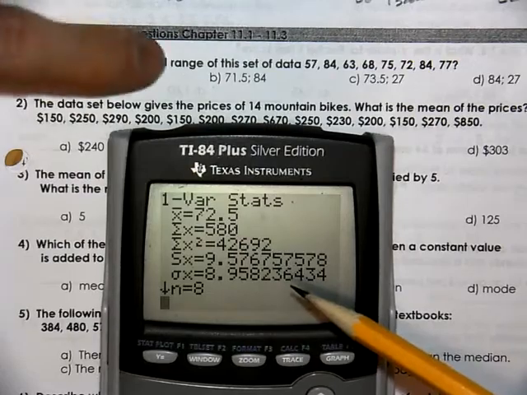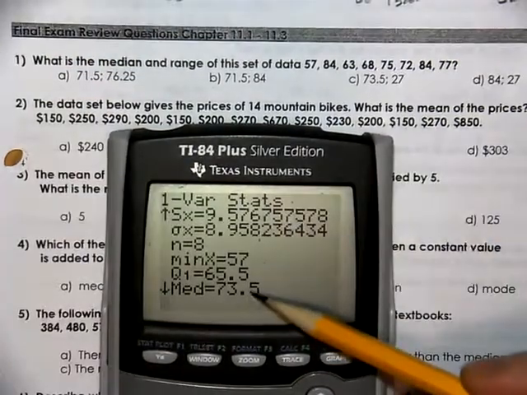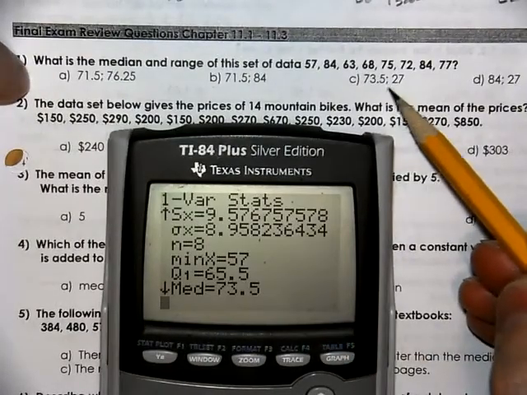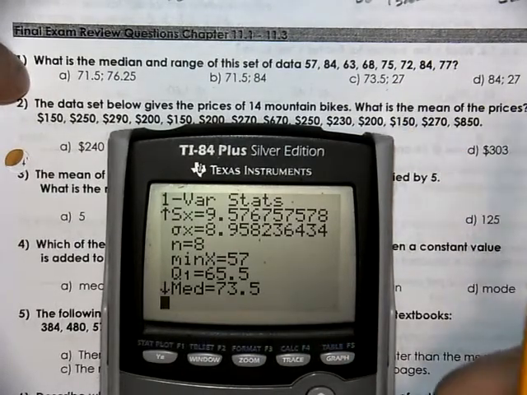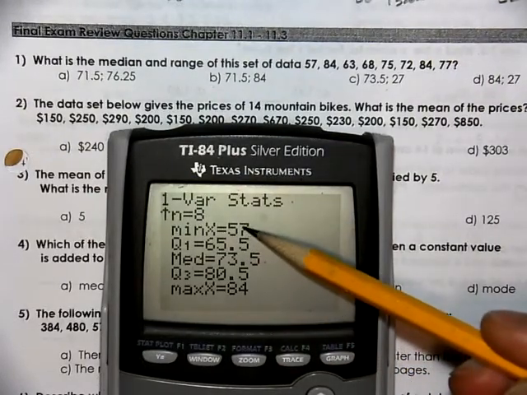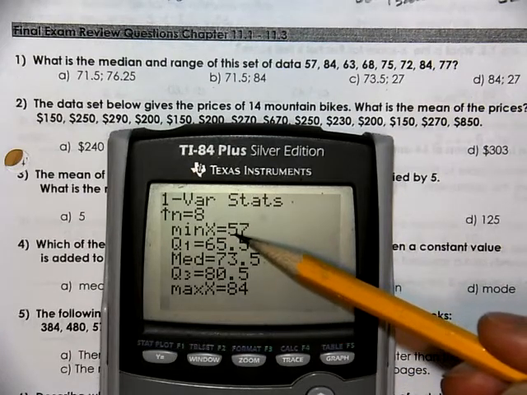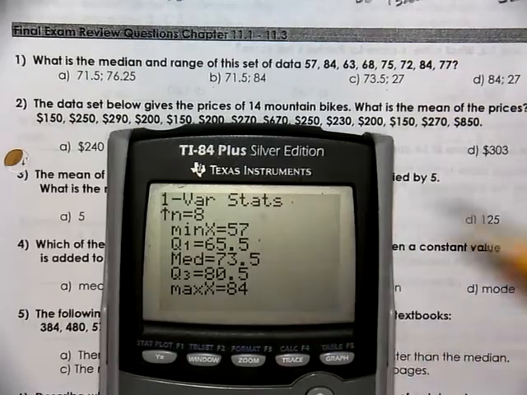We're looking for a mean and a range. Well, the mean would be 73.5, and my range would be the maximum minus the minimum. So 84 minus 57, which is going to be 27.